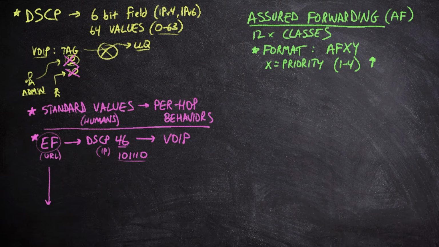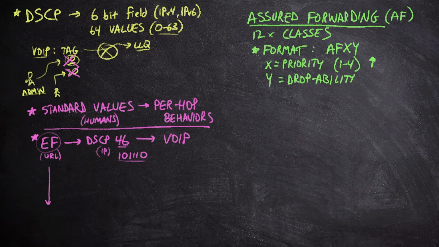So we want this to be high. The other value, Y, is our drop likelihood, or maybe we call it the dropability. Sure, we'll call it dropability. So how likely are we to drop this packet compared to other packets that are in the same priority level?